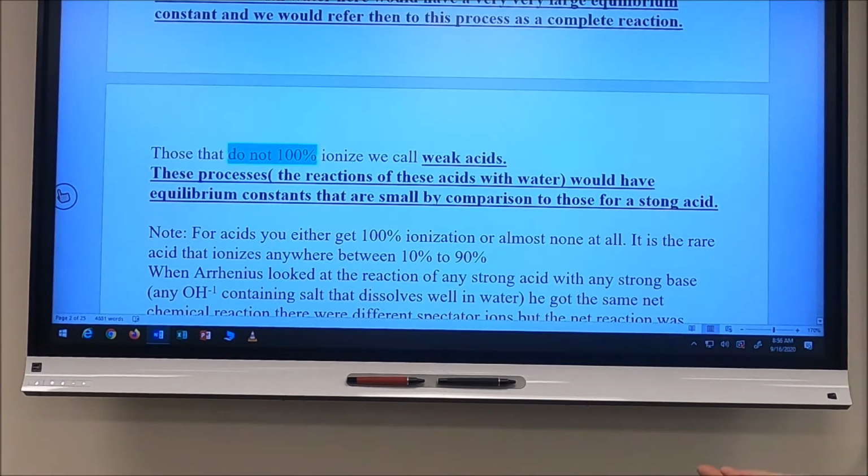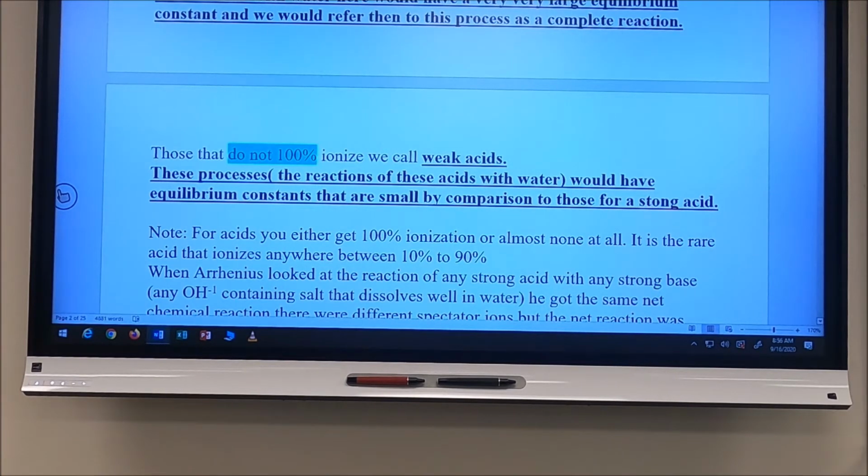Okay? So every HCl molecule I put into water solution reacts with water to give me hydronium ions and chloride ions. So all we have in the end is a solution of hydronium ions and chloride ions in water. Then we have weak acids. Weak acids do not 100% ionize in water.